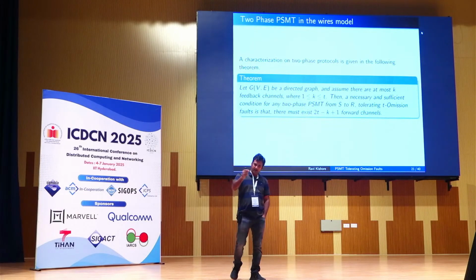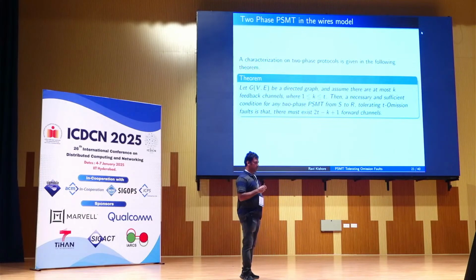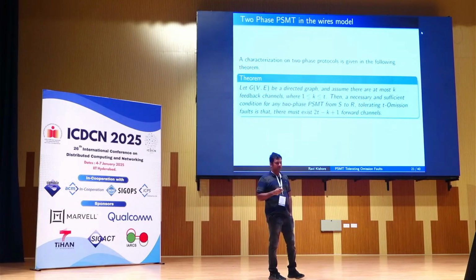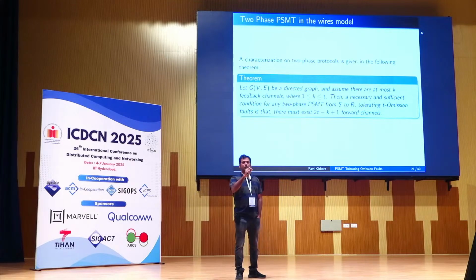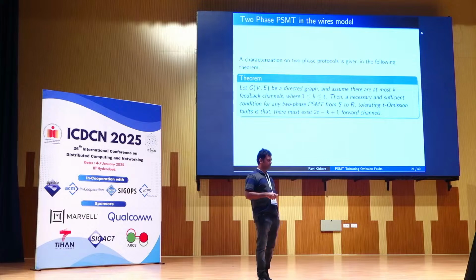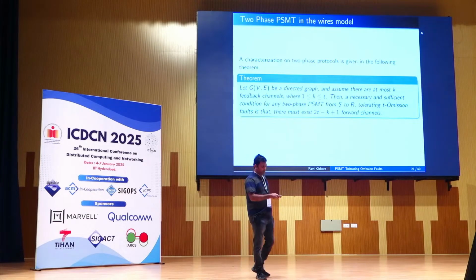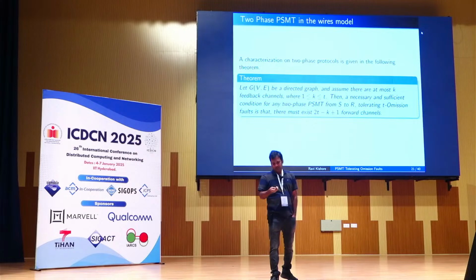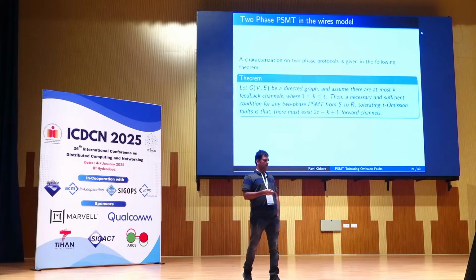So now, when there are K feedback channels, of course this K is upper bounded by T, the necessary and sufficient condition for PSMT possibility is that there should exist 2T minus K plus 1 forward channels. Again, for necessity, we can show, as we argued earlier, that no T paths can have full information about the message.